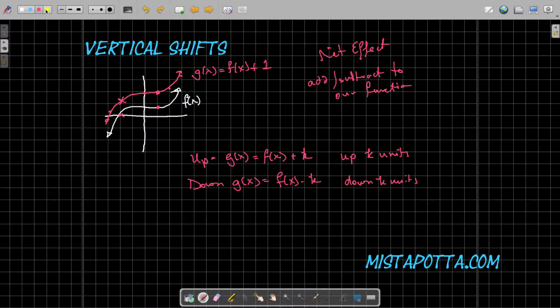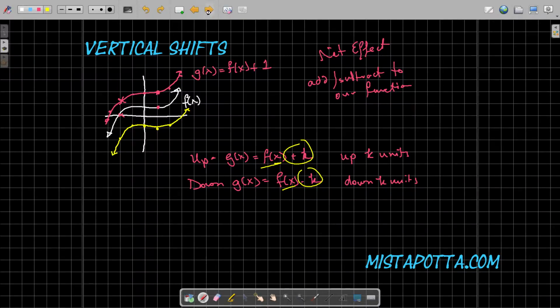Because if I wanted to take this white graph and move every point down 1, 2 units, I would end up with a graph that looks kind of like this. So we can transform by either adding or subtracting to whatever our original function is.